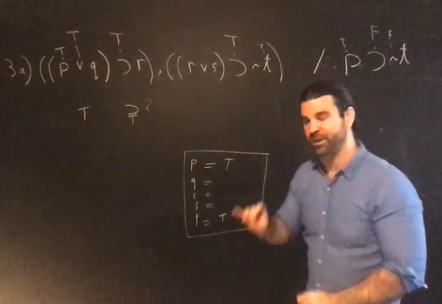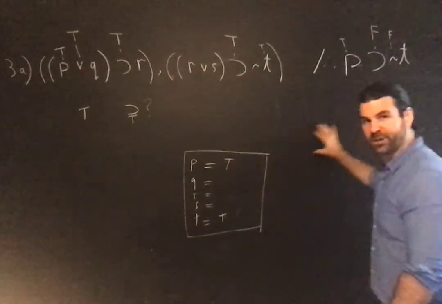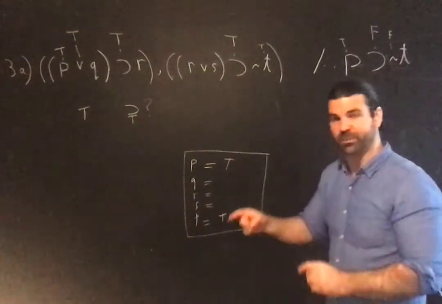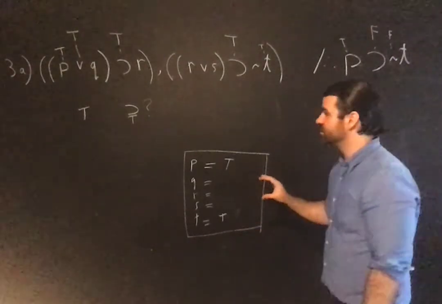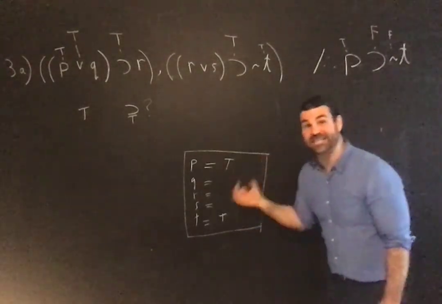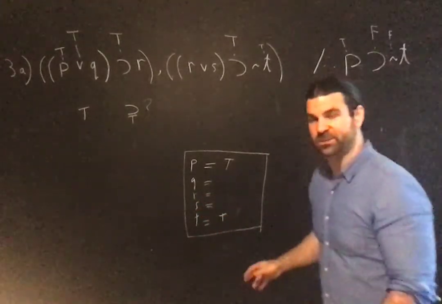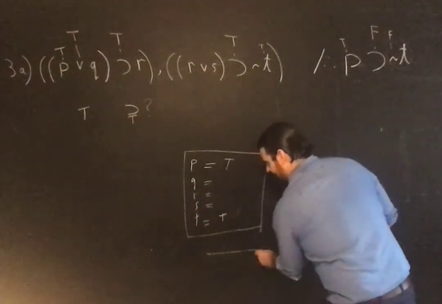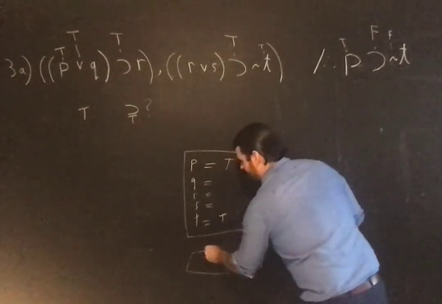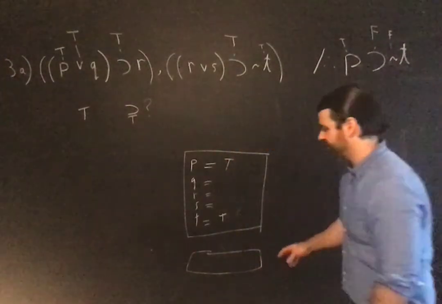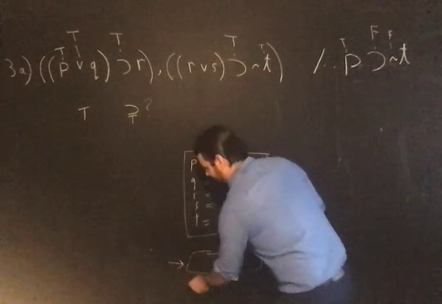This is different from the full truth table method, which was bottom up, because here it's top down. We are seeking the truth values of the individual variables. Say this is a row in a truth table.